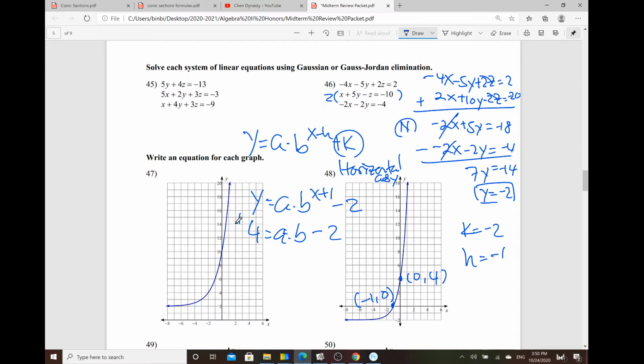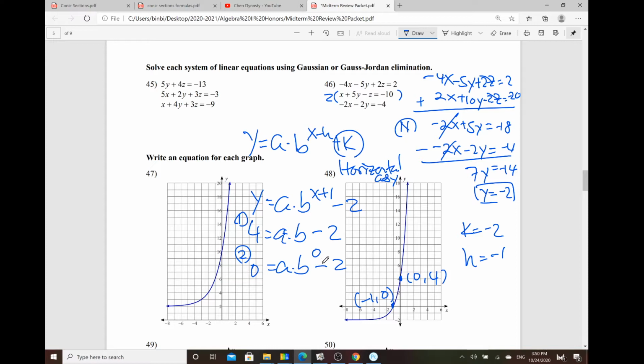So that's the first equation. And then the second equation with the x-intercept, we have 0 for the y value, so that equals a times b to the power of negative 1 plus 1, so b to the power of 0, and then minus 2.